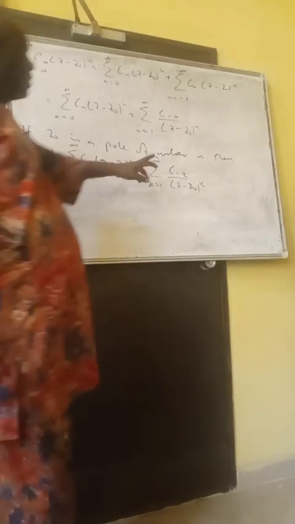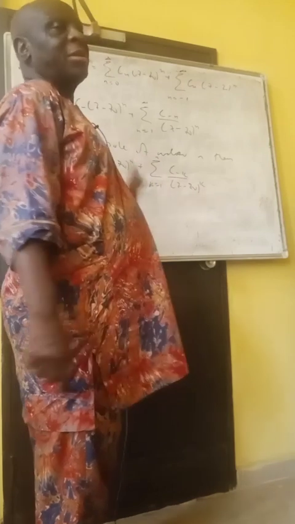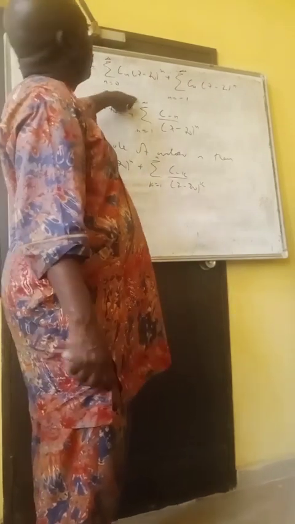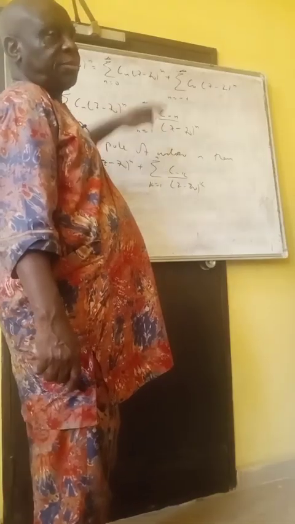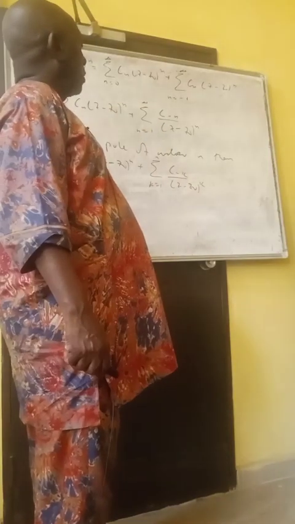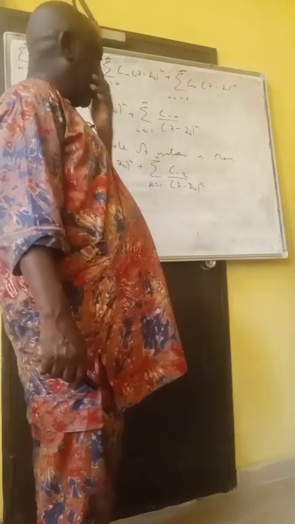So if the pole is of order n, then there will be only n principal parts. It will not be infinity, there will be only n principal parts.